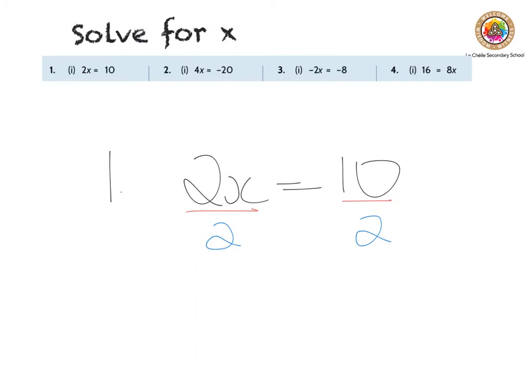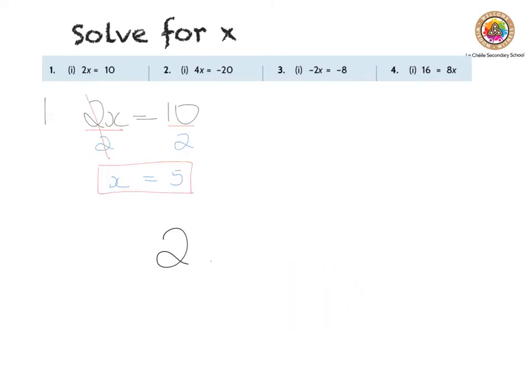Then very quickly, just to tidy that up, 2 divided by 2 gives me 1, so I'm just left with x. And here 10 divided by 2 gives me 5. And that is my answer. X is equal to 5. Okay, so this time I'm asked to solve 4x equal to minus 20.